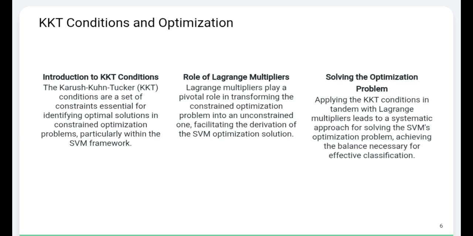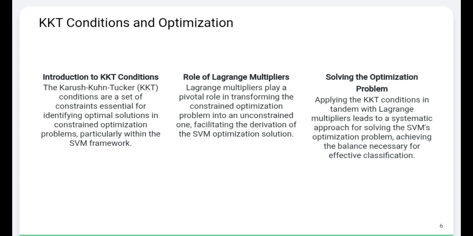Role of Lagrange multipliers. Lagrange multipliers play a pivotal role in transforming the constrained optimization problem into an unconstrained one, facilitating the derivation of the SVM optimization solution.